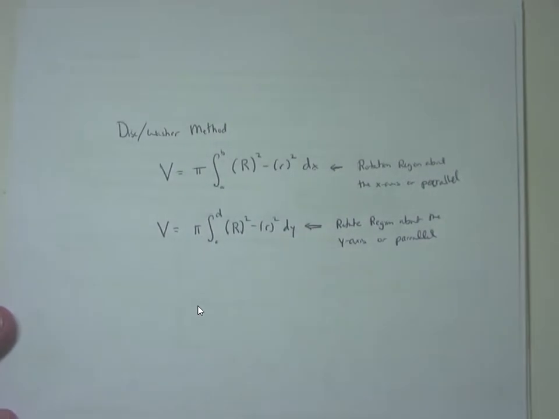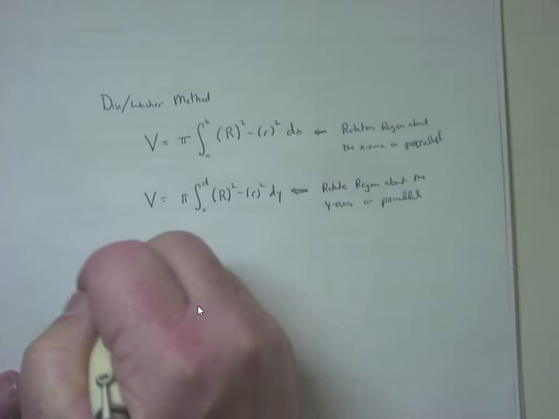That dy is going around the y-axis. This is the, quote, disk washer formula. Does that make sense?